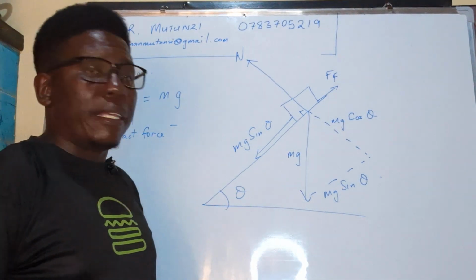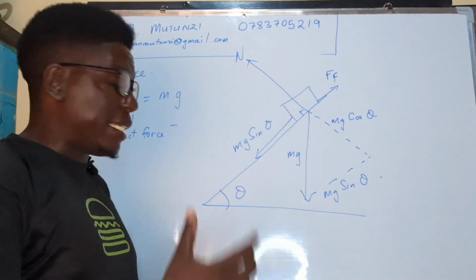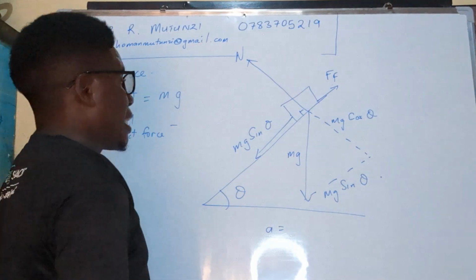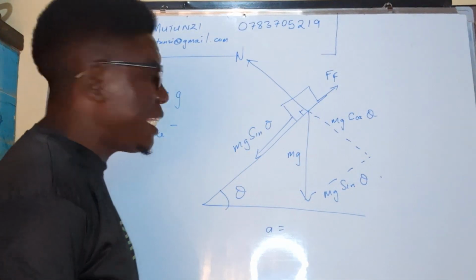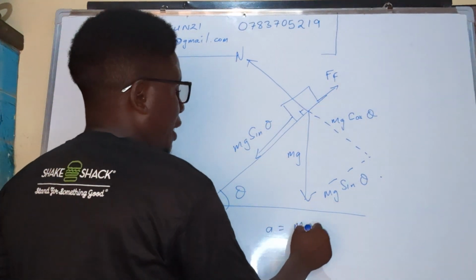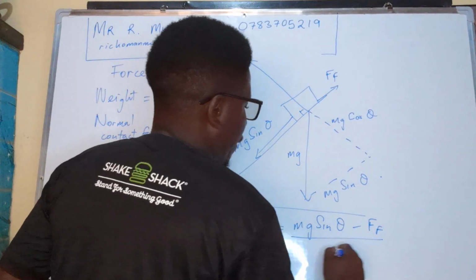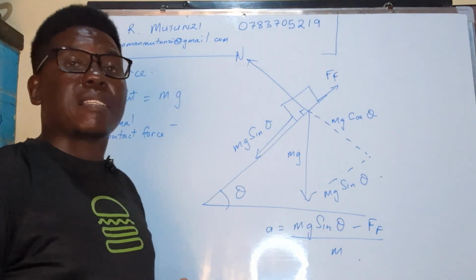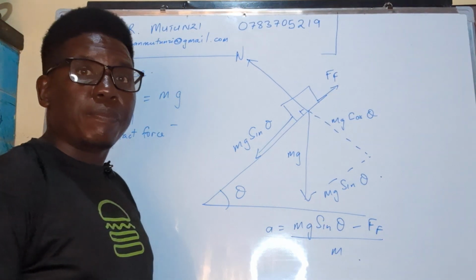So we are saying if we are to find the acceleration of this body down the ramp, the acceleration arises from the resultant force between mg sine theta and friction. So we are saying acceleration is mg sine theta minus the force of friction, over m. This expression will give us the acceleration of the body down the ramp.